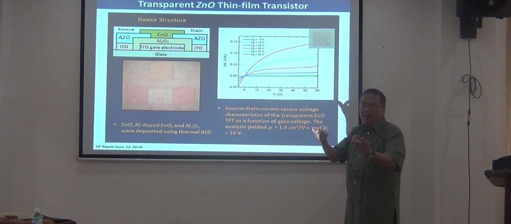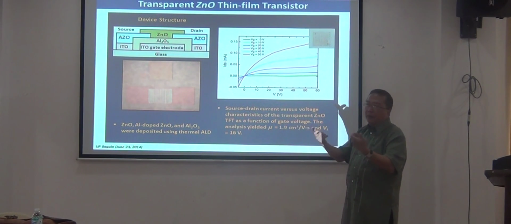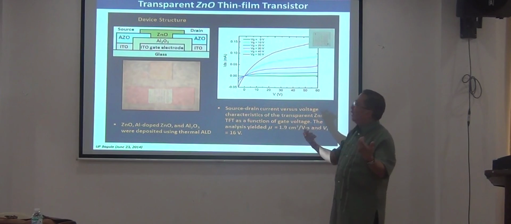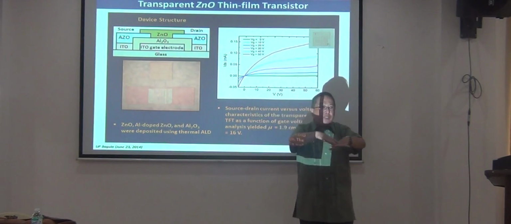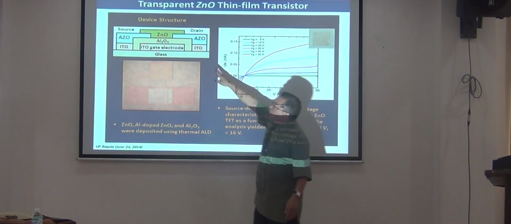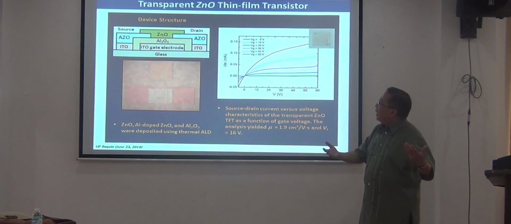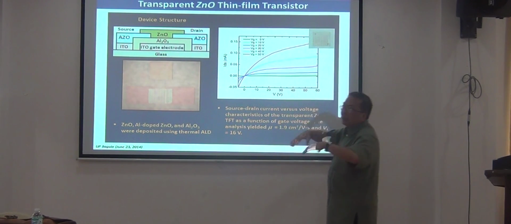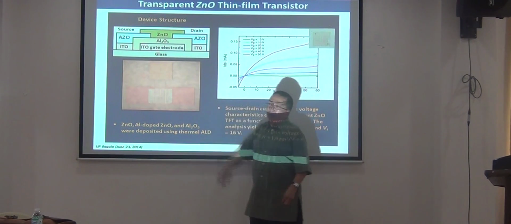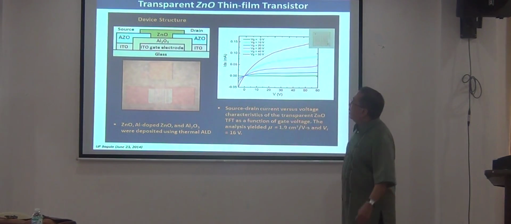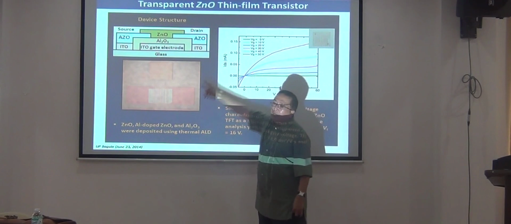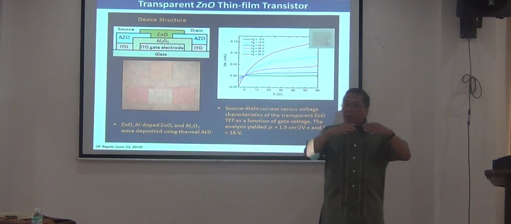You pattern that by photolithography to pattern the source, gate, and drain electrodes. And then you use ALD to deposit the dielectric, the aluminum oxide, do another patterning. And then once you've done that, deposit another ALD grown conducting oxide, the aluminum doped zinc oxide.